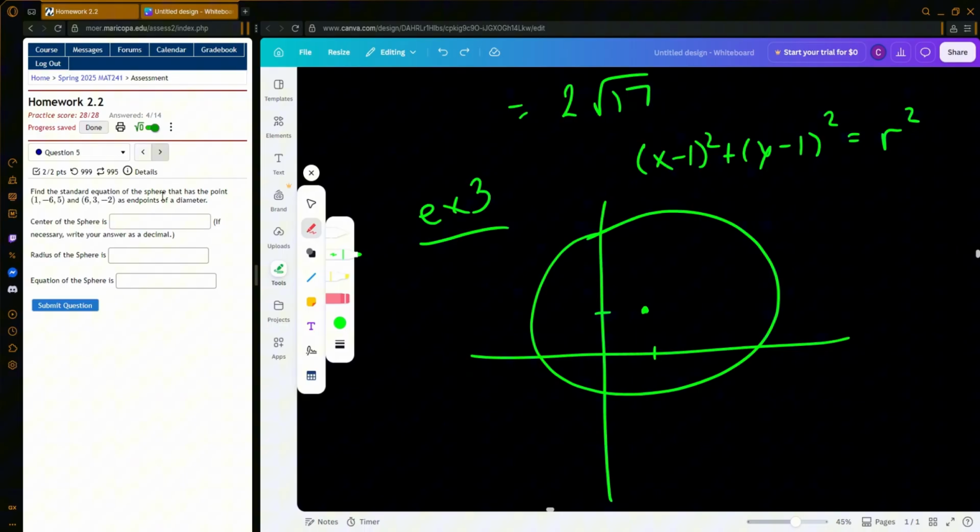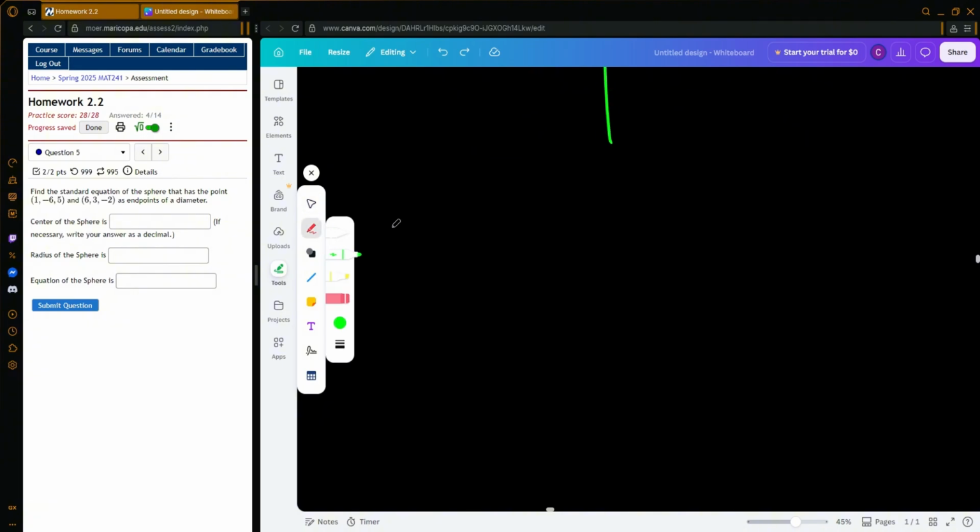We find the standard equation of the sphere that has this as 1 point, and this as 1 point, as endpoints of a diameter. So in example 4, they're telling us 1 point of the diameter, and they're also telling us the other point of the diameter, with the middle being the center.